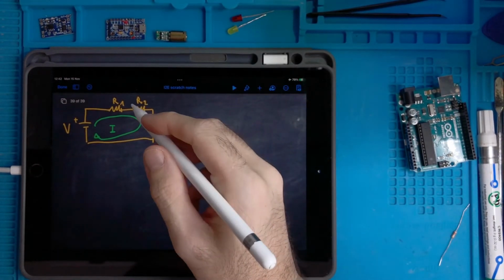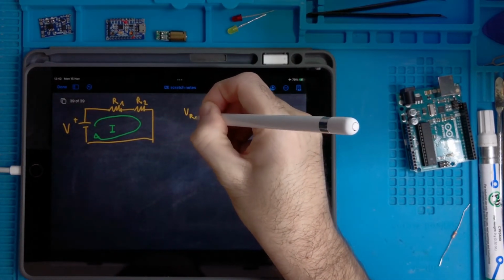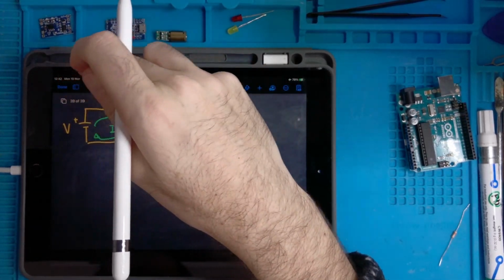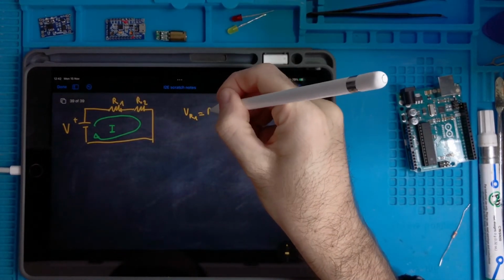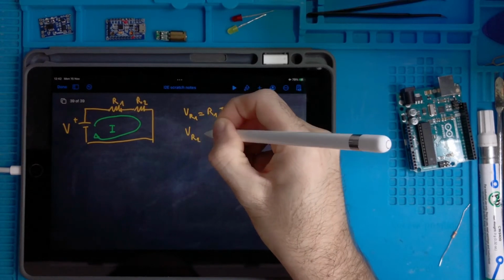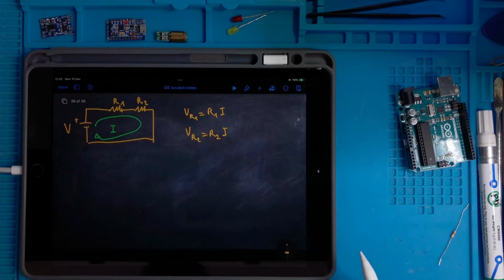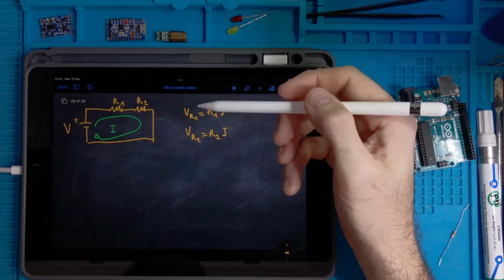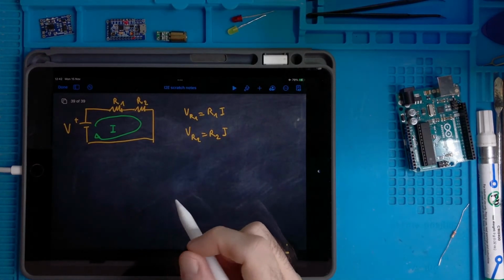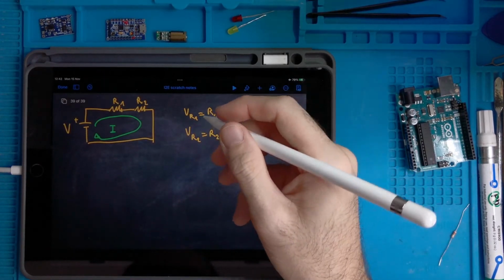So if I take the voltage drop across R1, I call it VR1. This is equal to R1 multiplied by I, the Ohm's law. The voltage drop across R2 similarly is R2 multiplied by the same current I. And therefore, if I sum the two, this should match the voltage of the battery in this mesh because of the Kirchhoff principles.